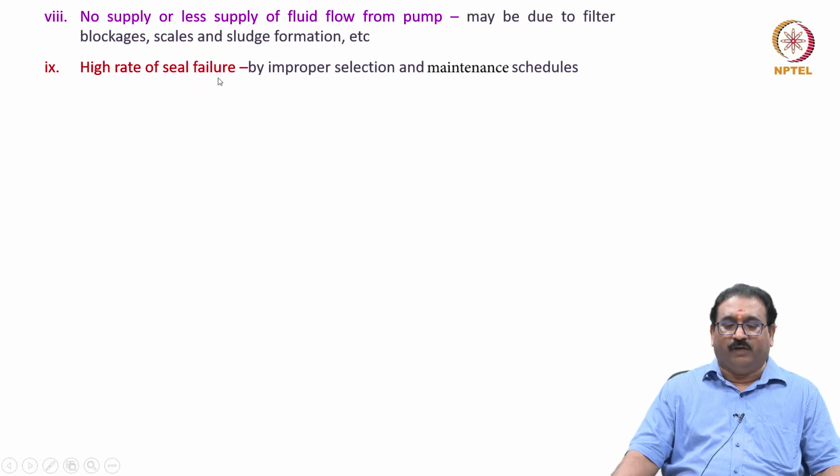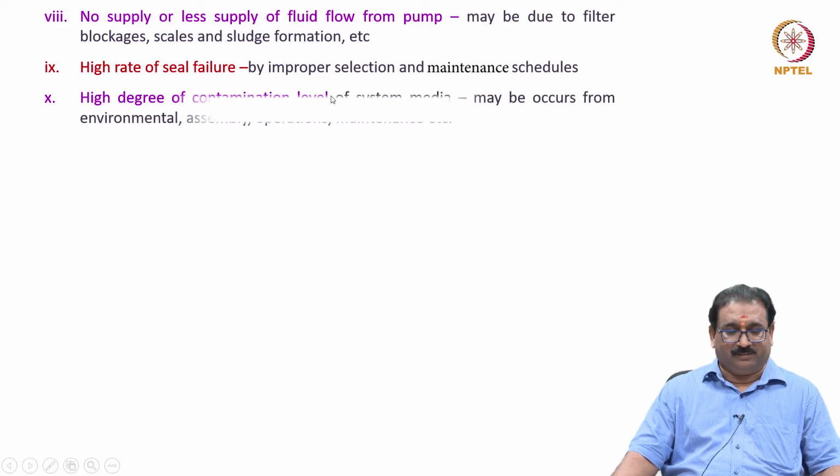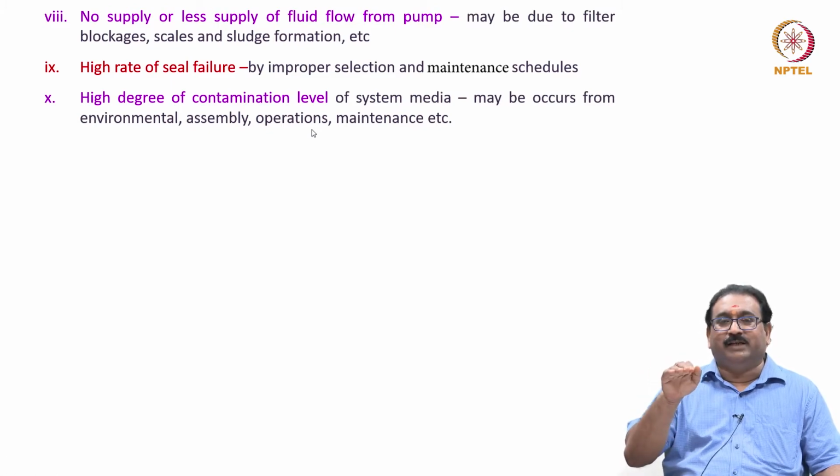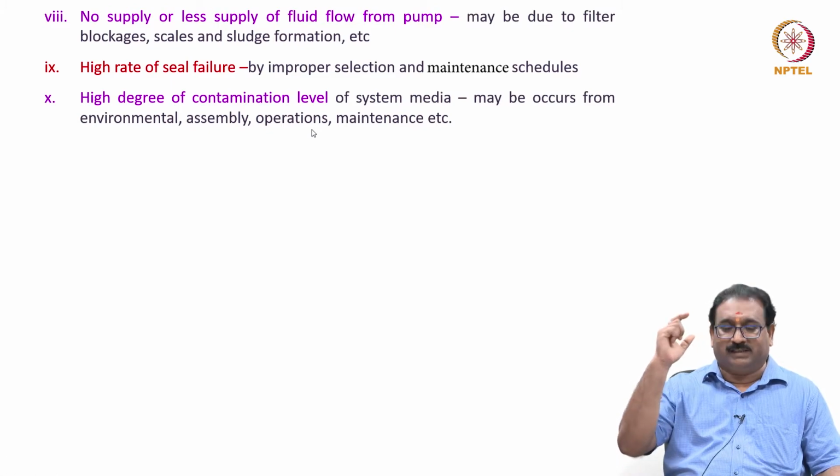High rates of seal failure. This is by improper selection and maintenance schedules. High degree of contamination level of the system media. This may occur from the environment or assembly time or operations. The wear and tear will take place due to the friction between the parts.